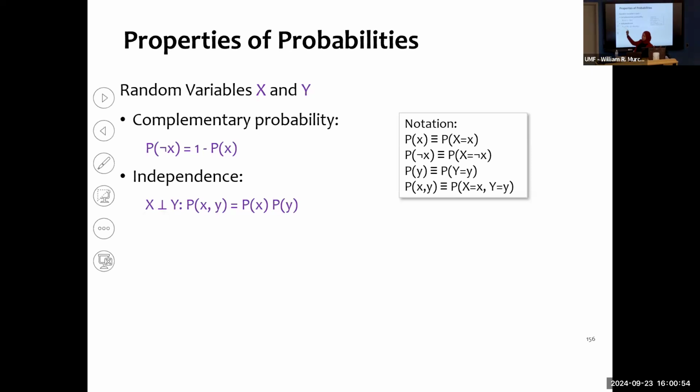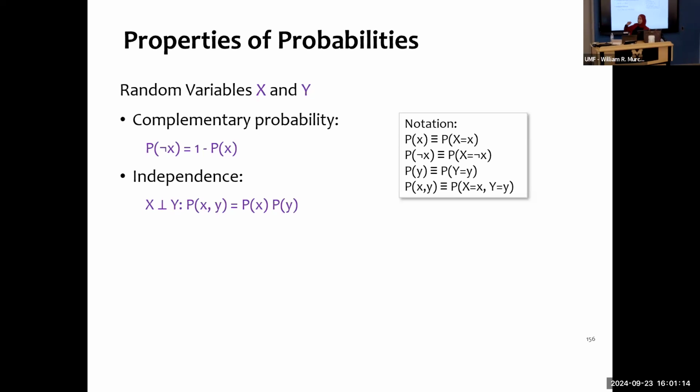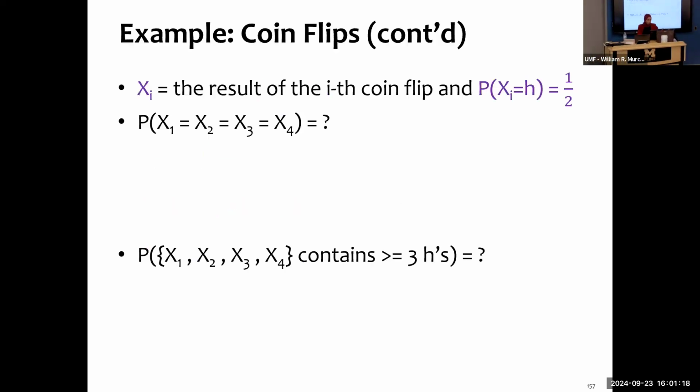We have x independent from y, means that the probability of having x and y is the multiplication of both probabilities, p of x multiplied by p of y. So I say p of big X, which is the random variable, is equal to the little x. It's the same notation, okay? It's just notation.